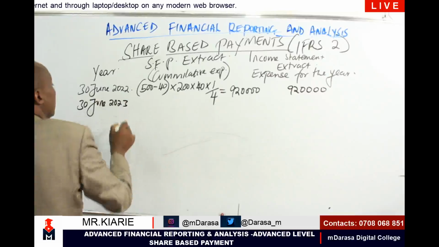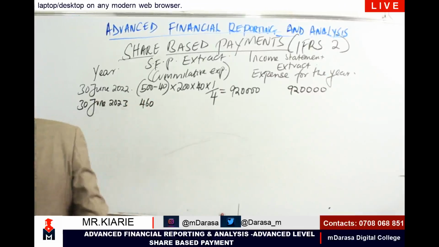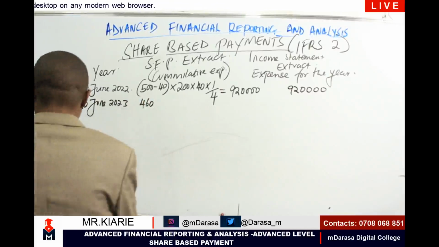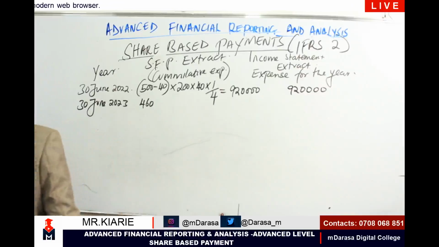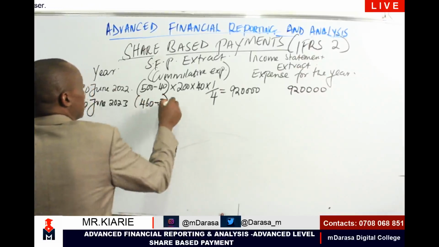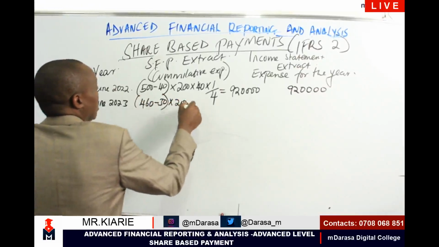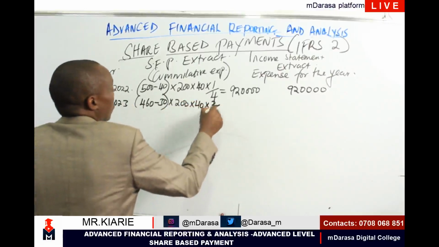Once we get to 30th June 2023, I had been left with 460 employees, and I can see in the second year another 30 employees are expected to leave. So minus 30 times 200 times 40 times 2 over 4.